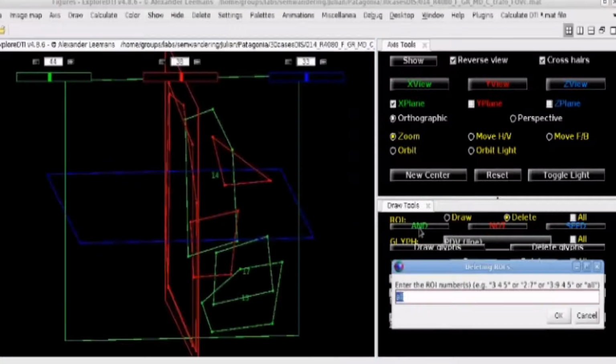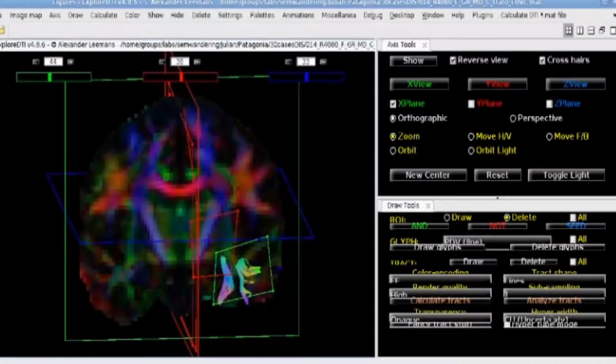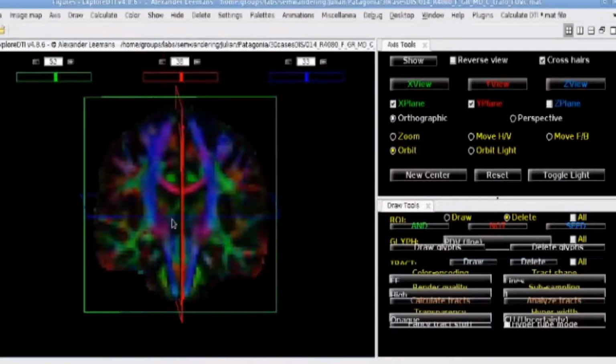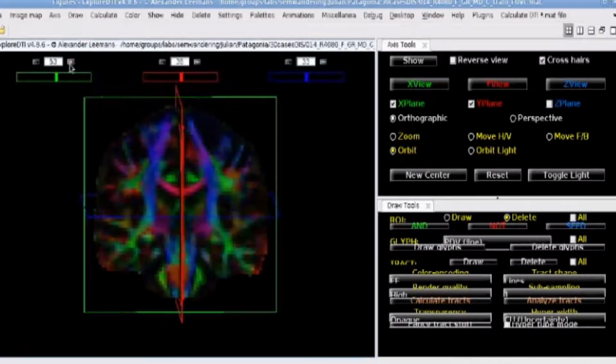TBSS, for instance, is a very quick method, but this method had a lot of data quality assessment that is a key in the tractography. It's relevant in this batch.